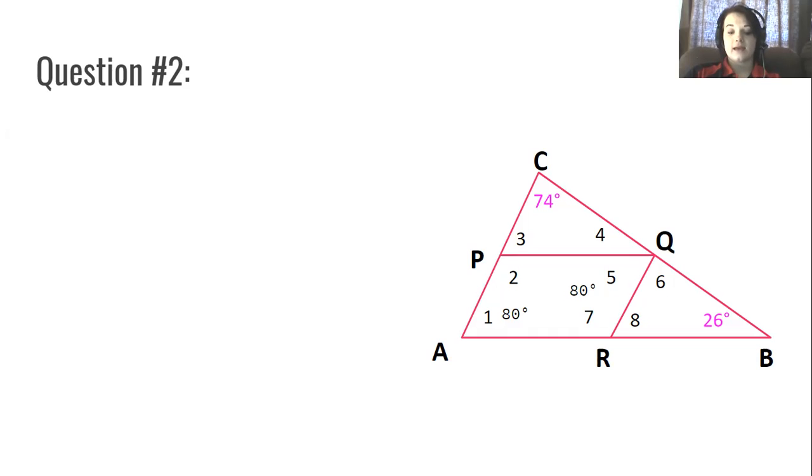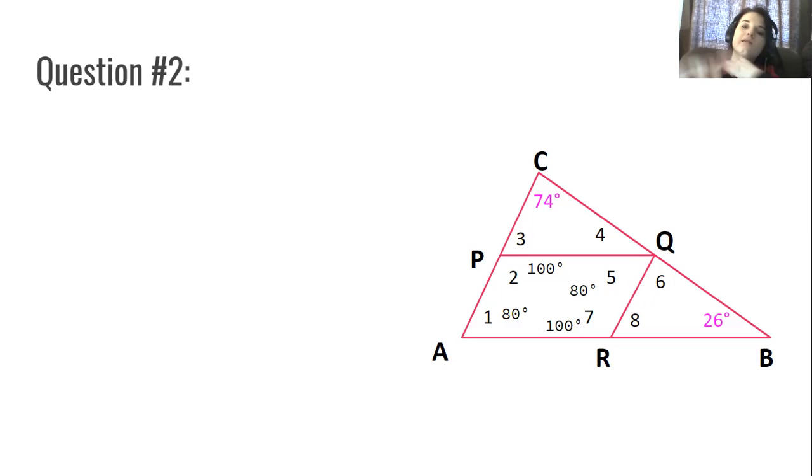So we can take 360 minus 160, and that'll give us 200, which means the total when you add 2 and 7 is going to be 200 degrees. An easy way to figure out what they are individually, because we don't want the sum, is to simply divide that by 2, and that should give us 100 for both angles.